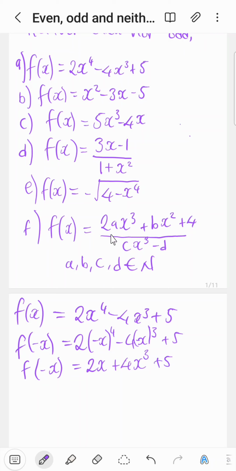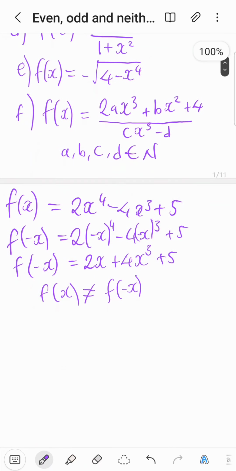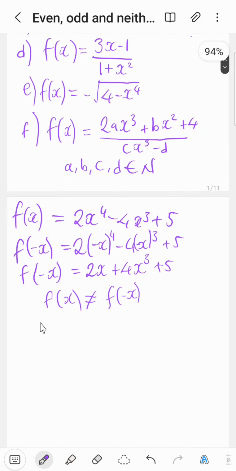Okay, so since this is not equal to that, we found that f of x is not equal to f of negative x, meaning this is not an even function. We move on to finding whether it's odd or not. What does that mean? It's just multiplying the entire function by a negative.